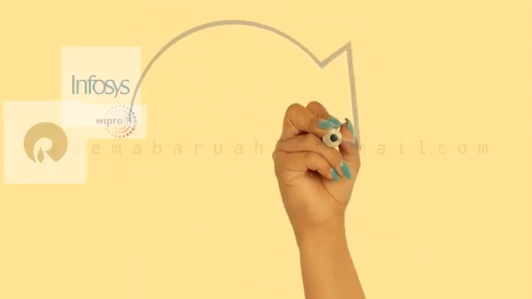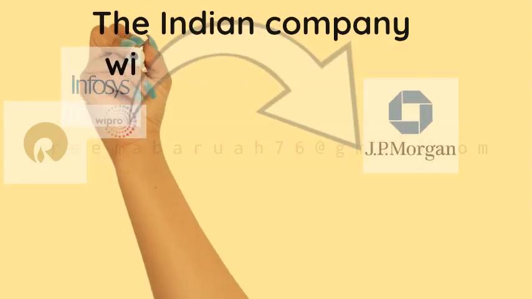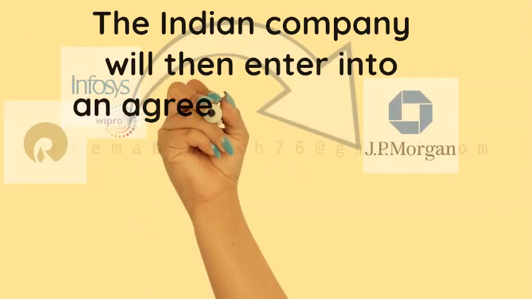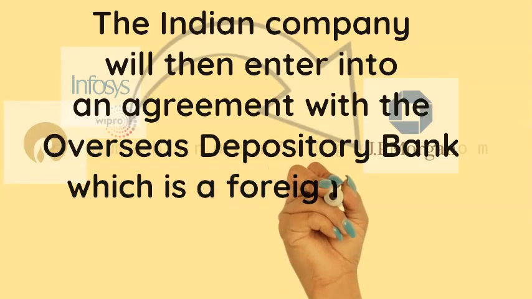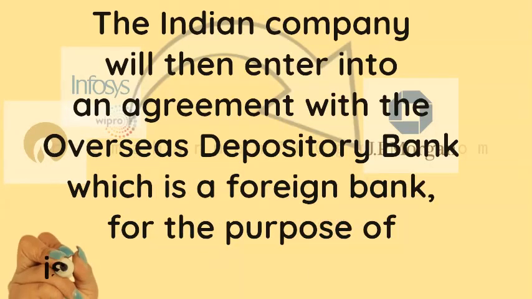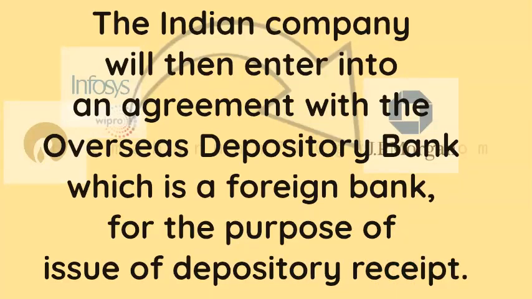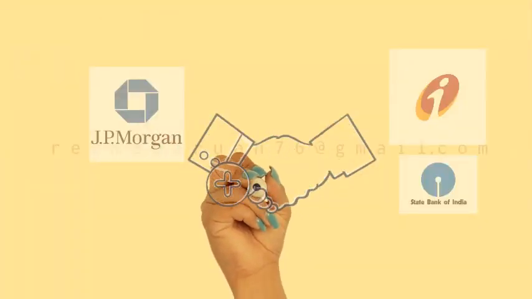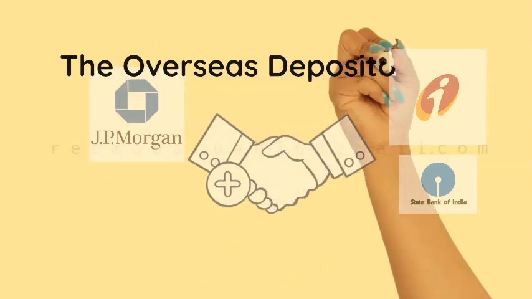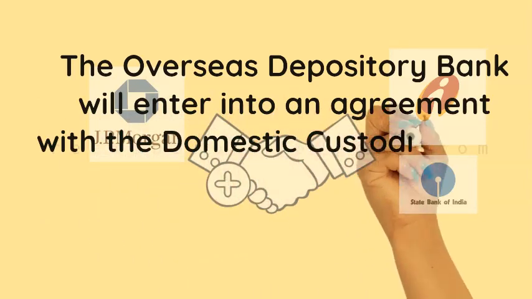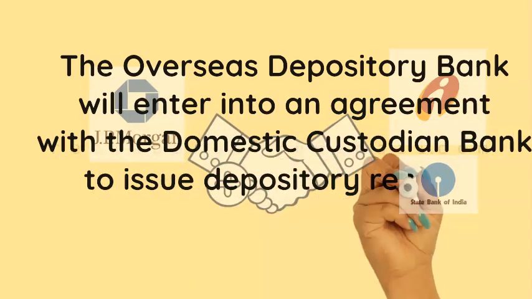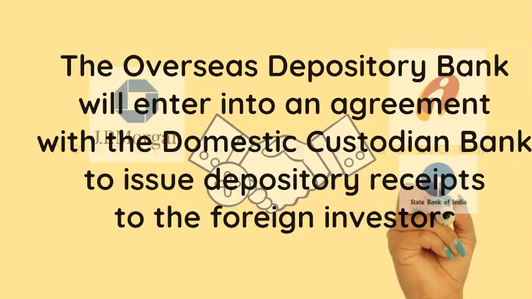The next step in this process is that the Indian company will then enter into an agreement with the overseas depository bank, which is a foreign bank, for the purpose of issue of depository receipts. Then the overseas depository bank will enter into an agreement with the domestic custodian bank to issue depository receipts to the foreign investors.